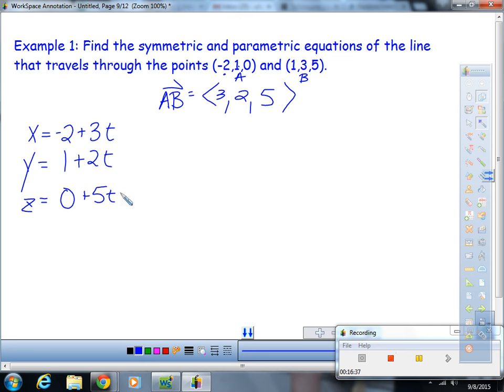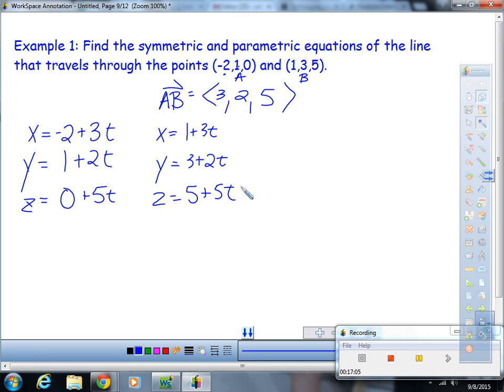You could also say x equals 1 plus 3t, y equals 3 plus 2t, z equals 5 plus 5t. Both of those would be correct parametric equations for the line that travels through these 2 points.